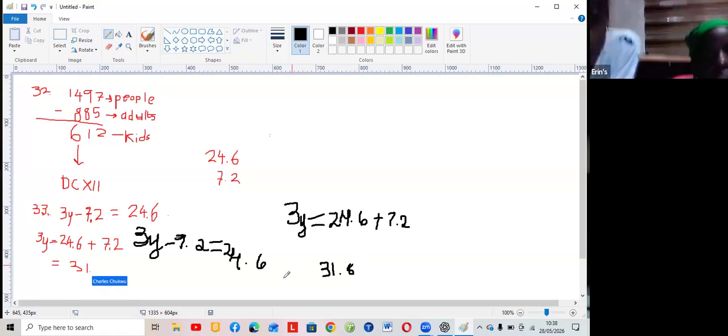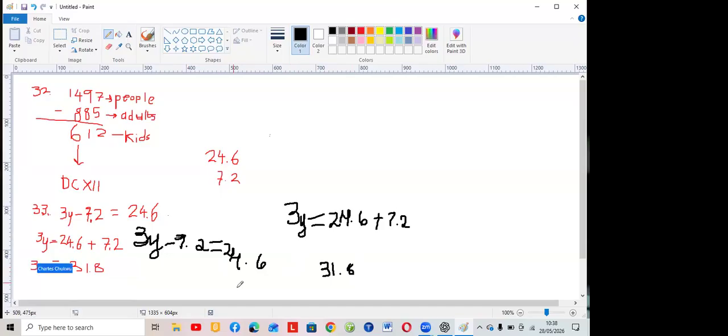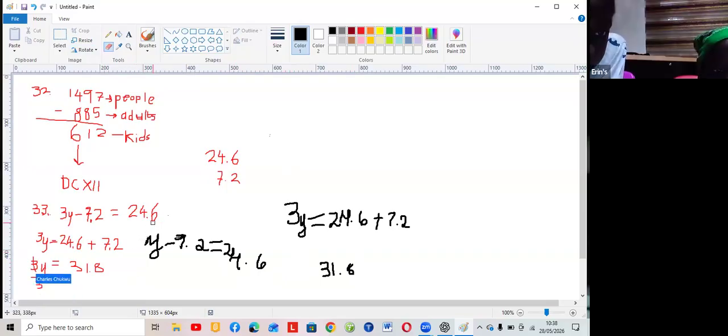Divide both sides by 3. Thank you very much. Divide both sides by 3, because that's the only way we can find y. So if I divide here by 3, 3 will cancel itself, right? Yes, sir.